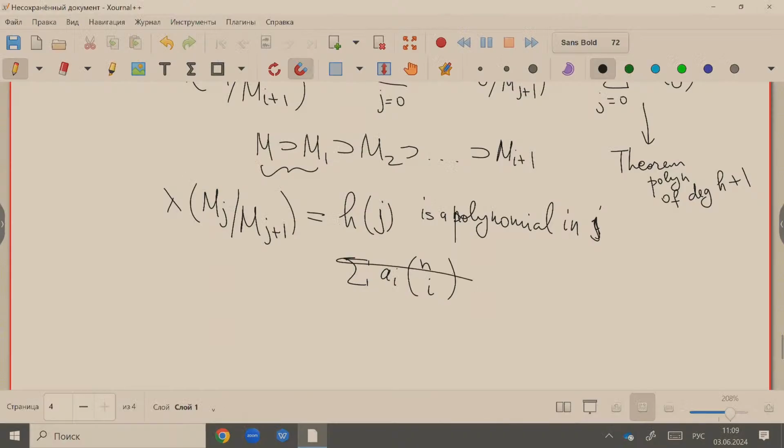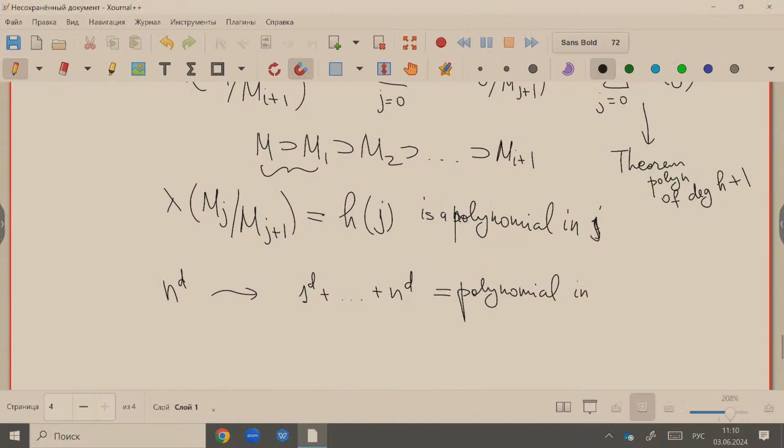The reason is that you can write this sum formula for each coefficient.